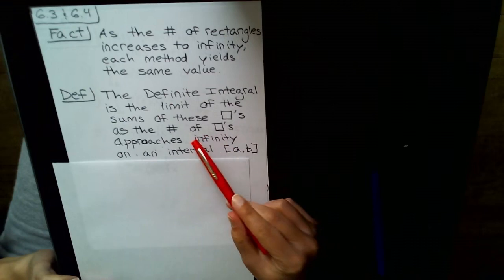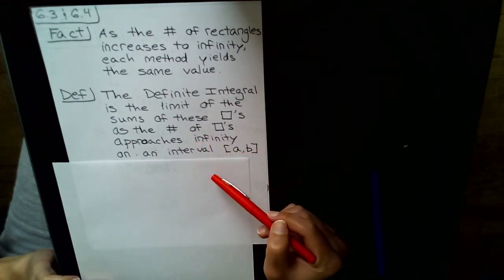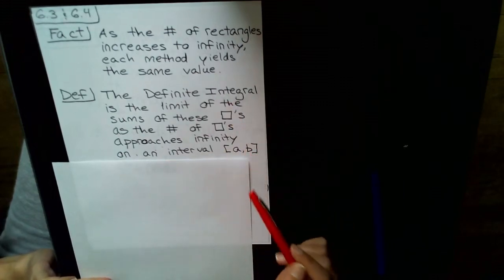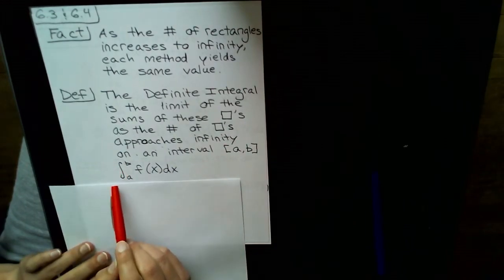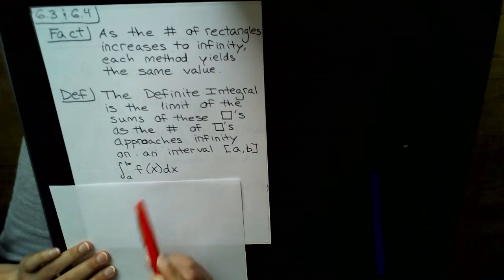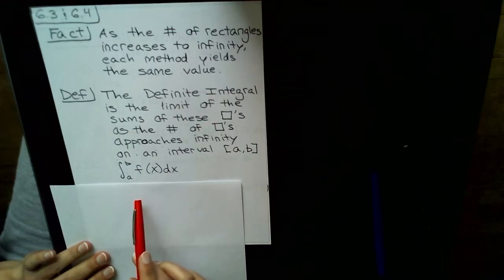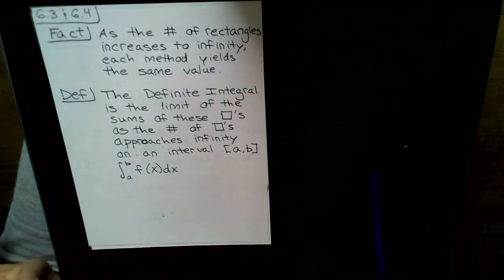So if you put an infinite number of rectangles between some interval like 1 to 5 and you add all of them up, you get the definite integral, which is written the integral from a to b of f of x dx. So notice it's the exact same format as an indefinite integral. The only thing that's changed is we put an a and a b here.